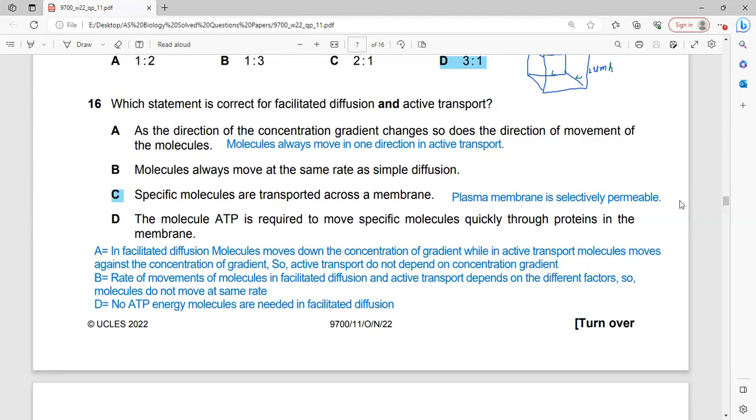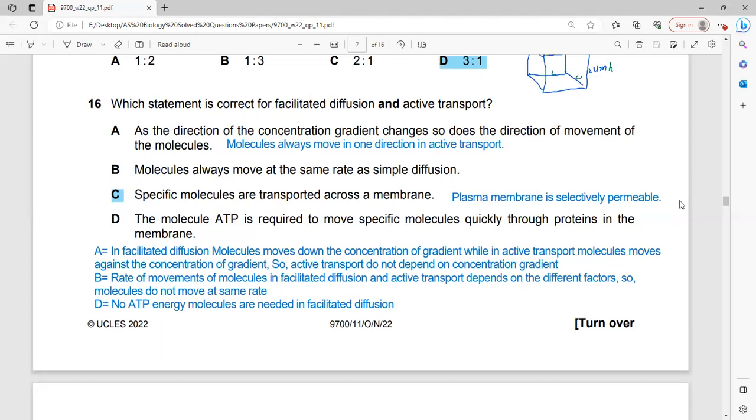Option A is: the direction of movement of the molecule changes if the concentration gradient changes. This is applicable for facilitated diffusion, but it doesn't affect active transport, because facilitated diffusion depends upon the concentration difference, while active transport does not depend on the concentration difference. So that's why it is a wrong option.